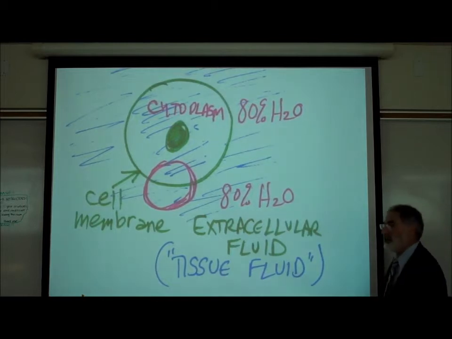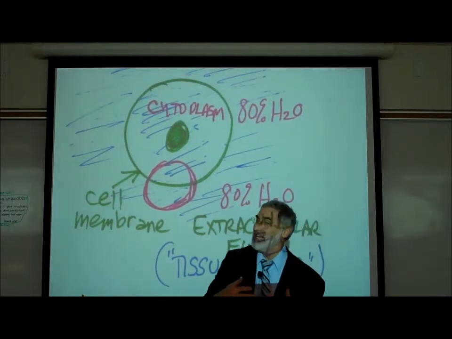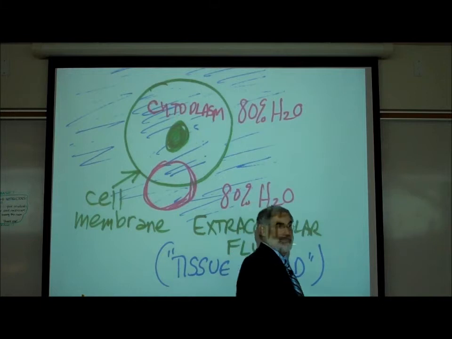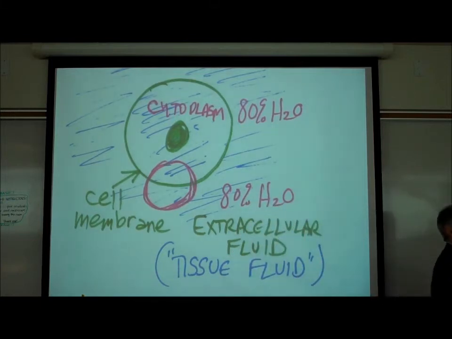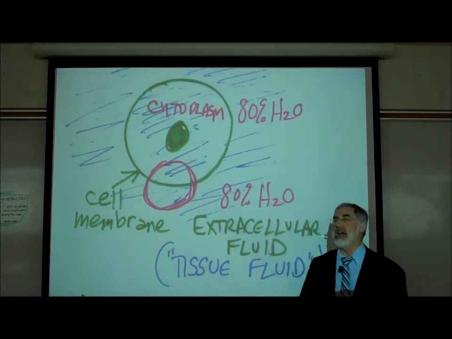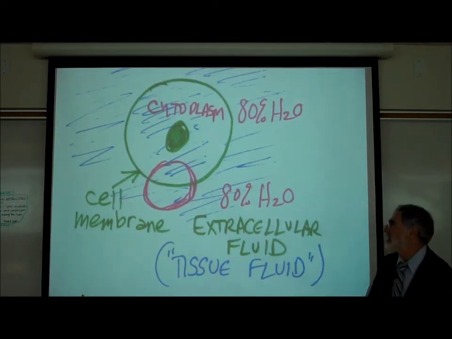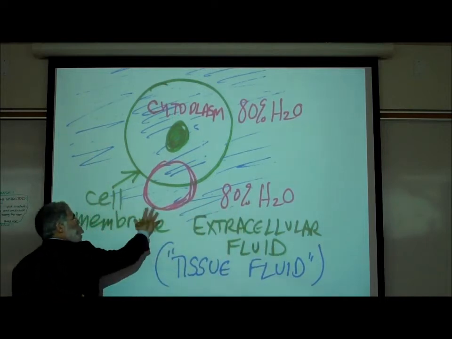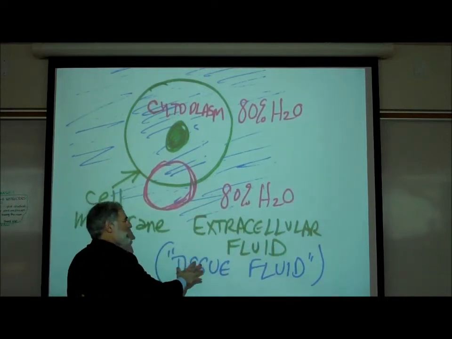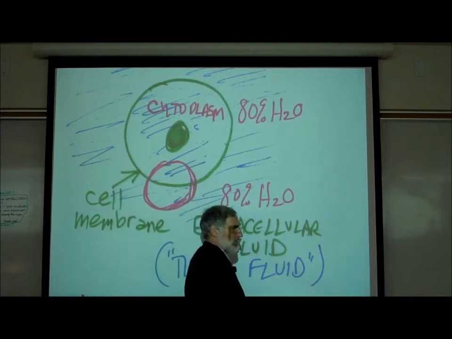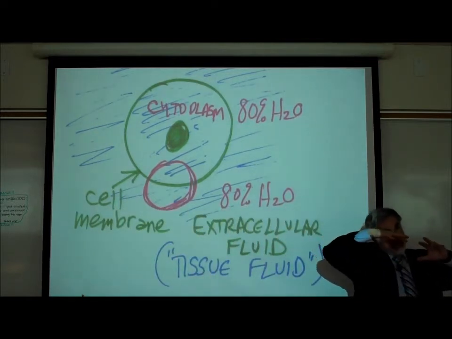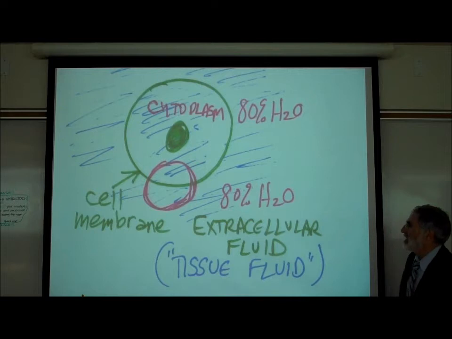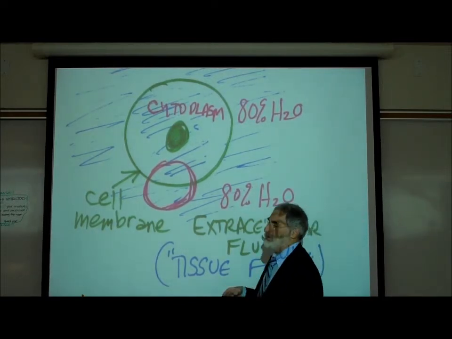We have pointed out that if you're looking at any living cells, you've got to put water on the slide, otherwise it'll die. So all living things have to live in a fluid environment. And so this fluid on the outside of the cell is known as extracellular fluid. Extracellular means on the outside of the cell. Now in humans, this extracellular fluid is commonly called tissue fluid.